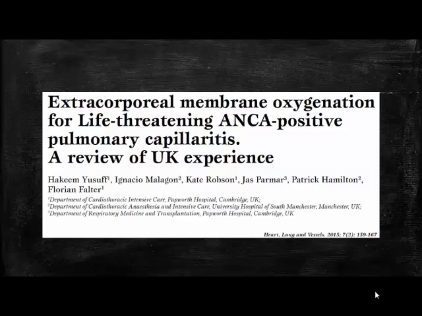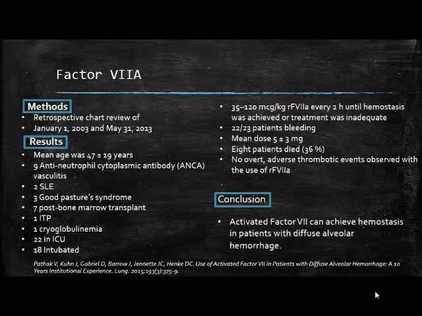Sorry, are you saying that means they didn't use anything else? No, they used the immunosuppressive regimen. They used immunosuppressive agents, but those patients had severe DAH that they also had to use add-on therapy, and it was factor 7 refractory.